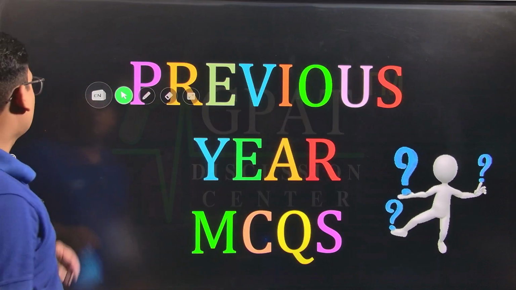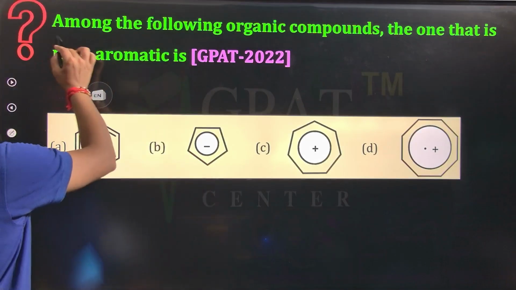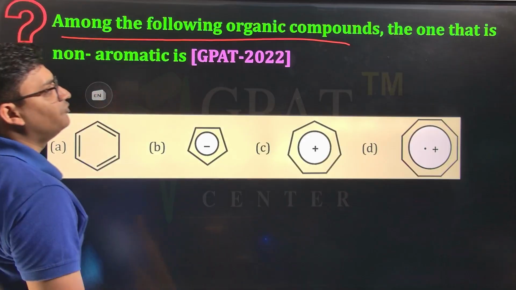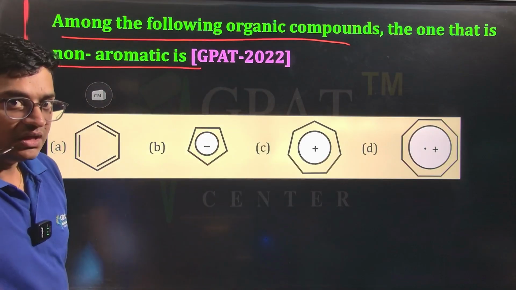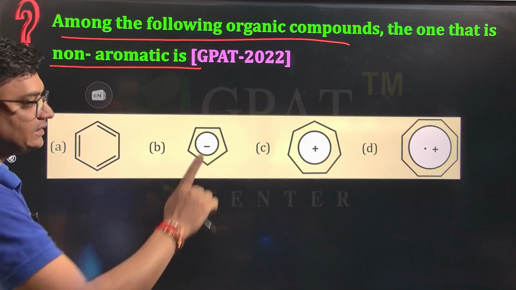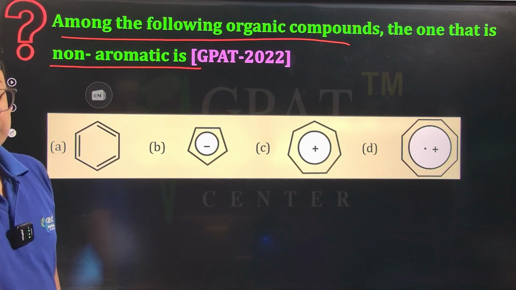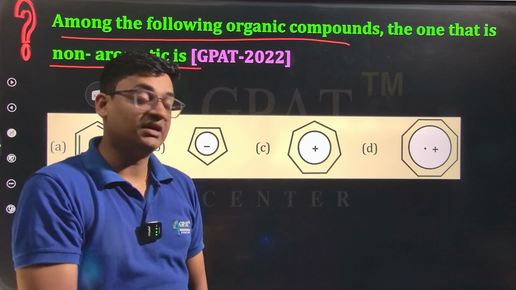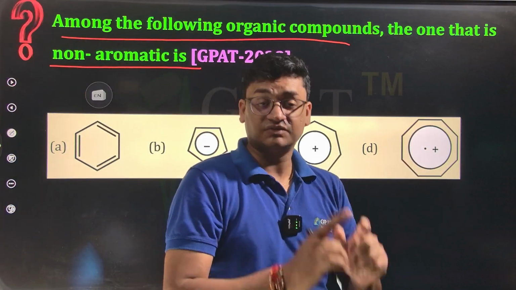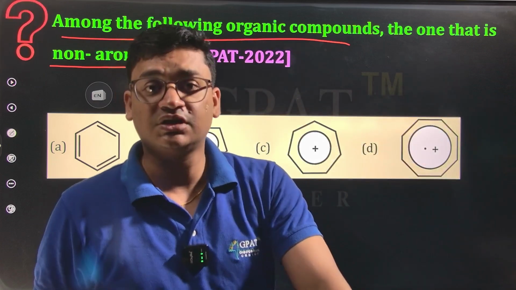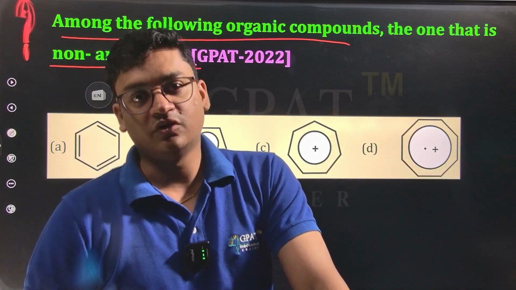Okay, all right. So let's discuss some of the questions. First question: among the following organic compounds, which one is non-aromatic? We have clearly discussed that radicals can never participate in the conjugation in the case of aromatic compounds. Reason: radicals have a single electron, and if a single electron participates in the conjugation, it can never lead to a complete number when we are solving 4n plus 2.